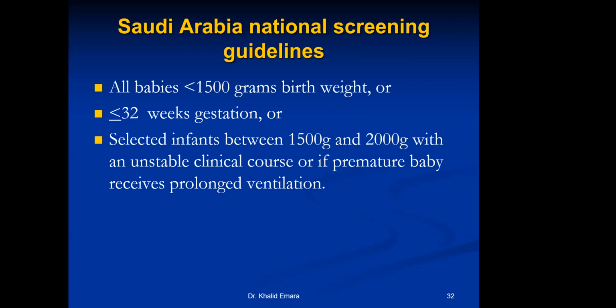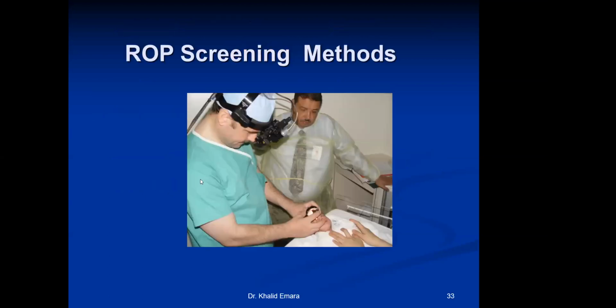The screening is initiated by the pediatrician in charge in the NICU. The screening should be performed by ophthalmologists with sufficient experience in ROP diagnosis and management, and he should be familiar with disease changes and location of the disease.